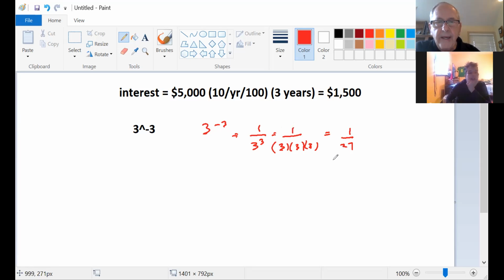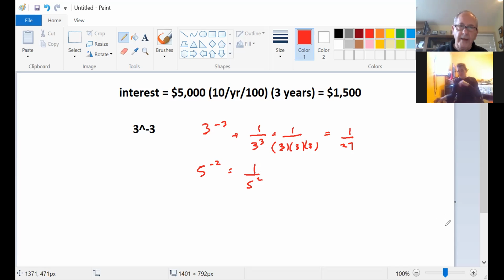So if it was like 5 to the negative 2, it would be 1 over 5 squared. That's the secret on that one.